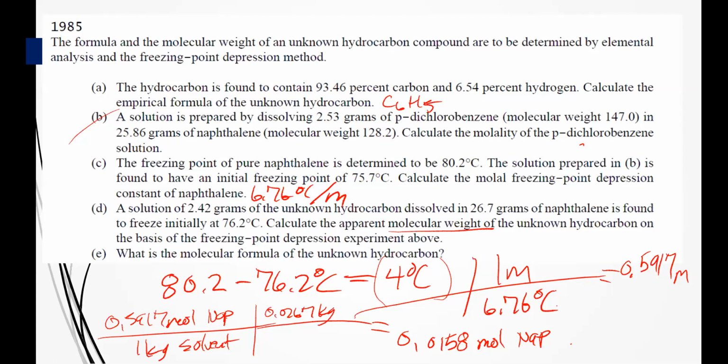It should be asking us for a molar mass. So if we take the 2.42 grams and divide it by our number of moles, we get our molar mass as 153 grams per mole.